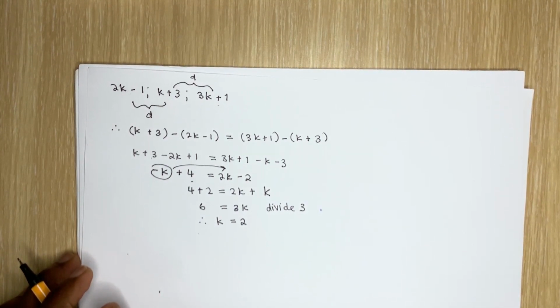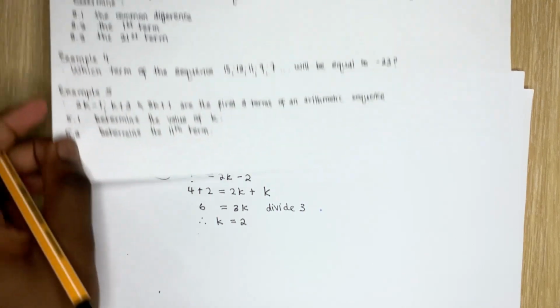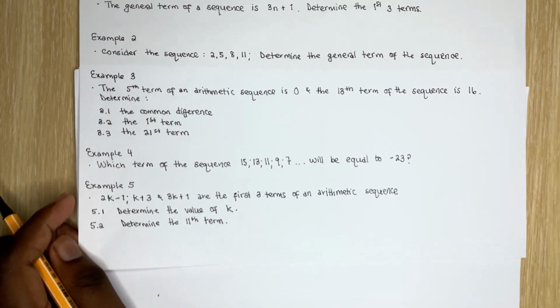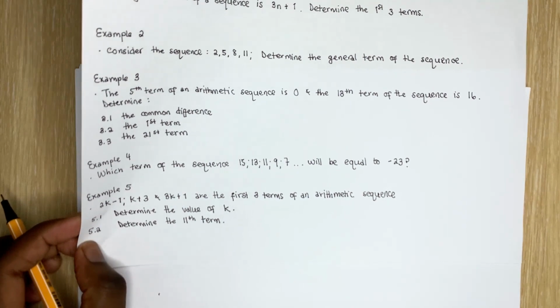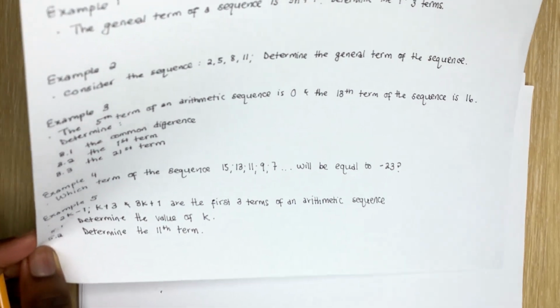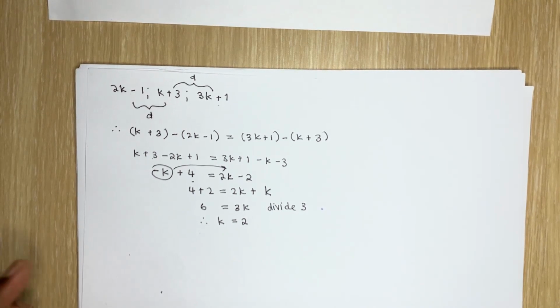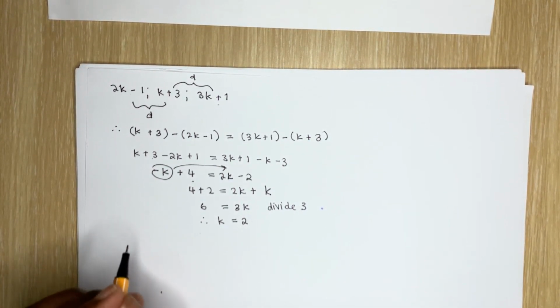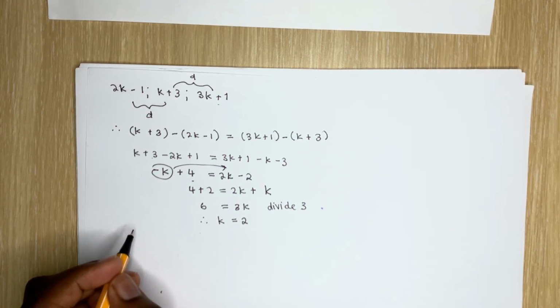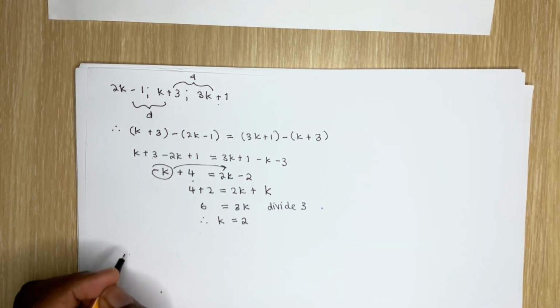Okay, and the last question asks us to determine the 11th term. Okay, so how do you then go about that? So now that we have the value of k, we can then substitute the value of k into our sequence to see the actual values of the actual terms.